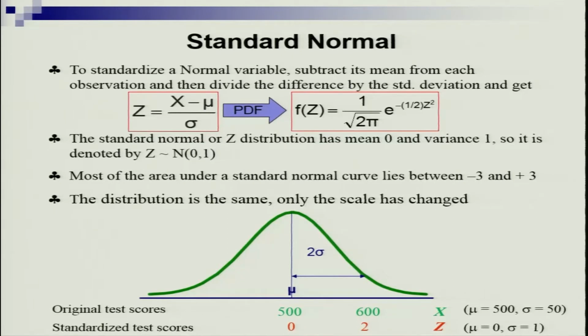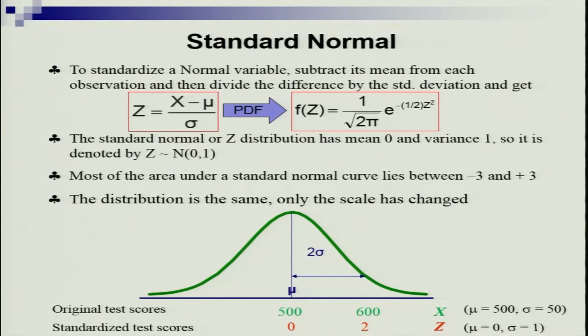Okay. Now, here in this diagram I am showing you, if I get a score say 600, then what is going to be the location of that number. Now, note that if I standardize that particular number 600, then basically I get a standardized test score or z score as 2, and so that is also marked here along the z axis.